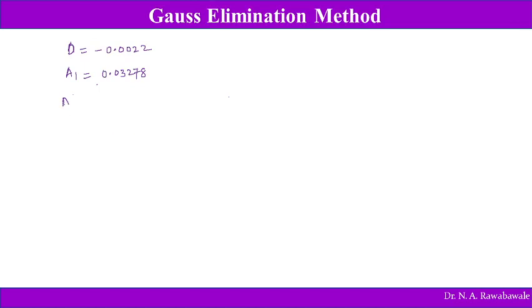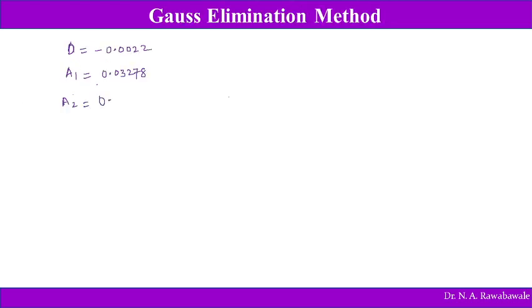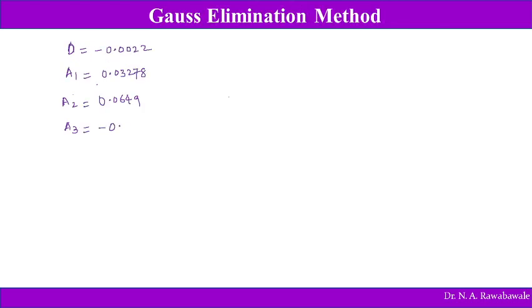Then determinant A2 we obtained as 0.0649, and determinant A3 as minus 0.04356.